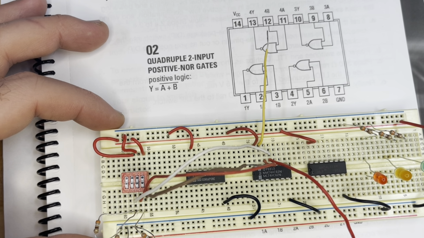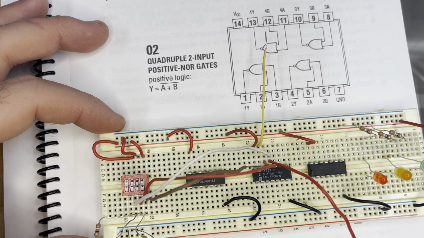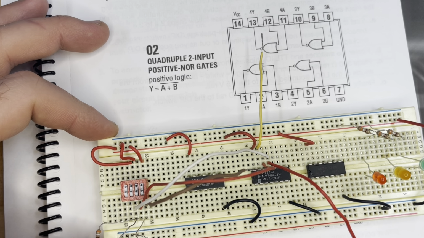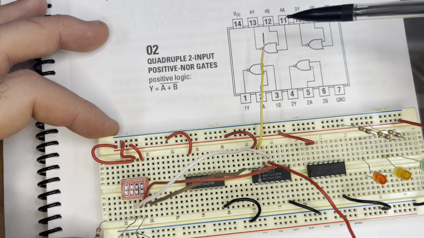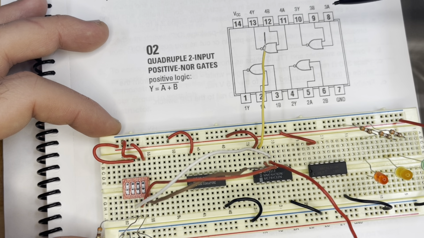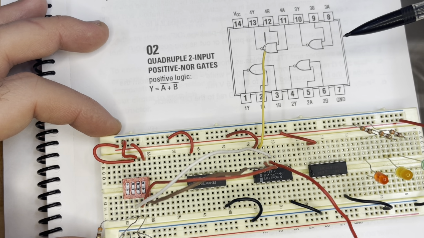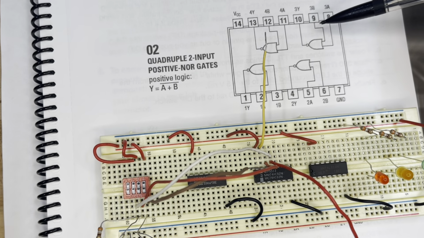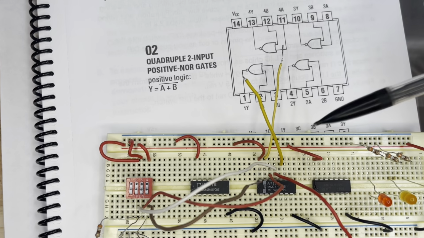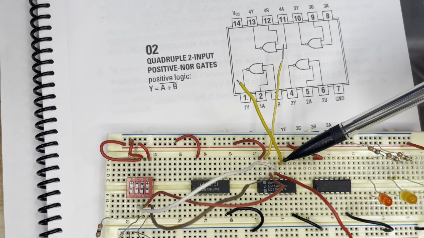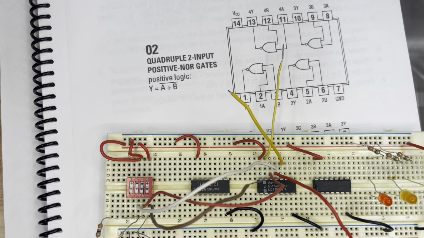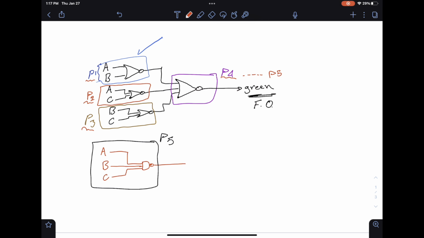Keep in mind that we cannot use the same gate that we used previously, so I can't use this gate. Let's say that we're gonna use this gate. So we know that pin number 10 is going to be the output. Keep in mind that you still need to plug the inputs into pins number 8 and 9. I didn't do it because I want you to do it. And I'm going to go and mark part 2 done.